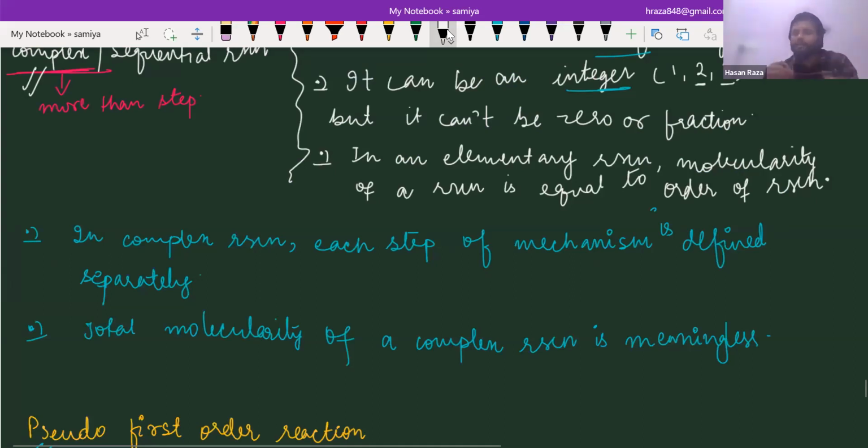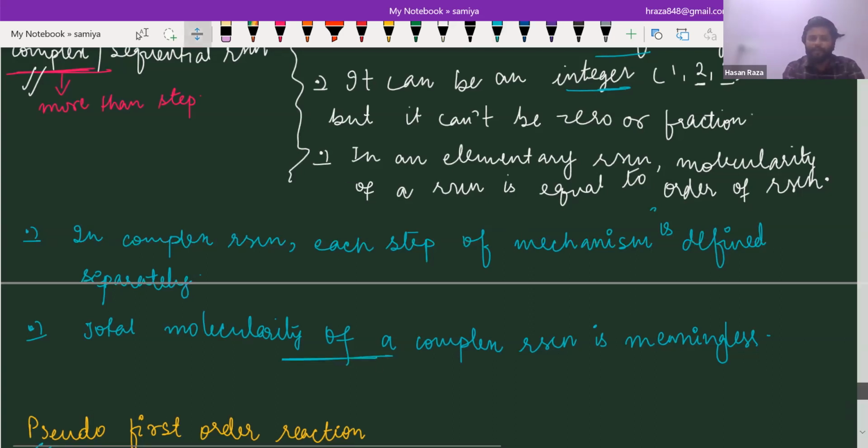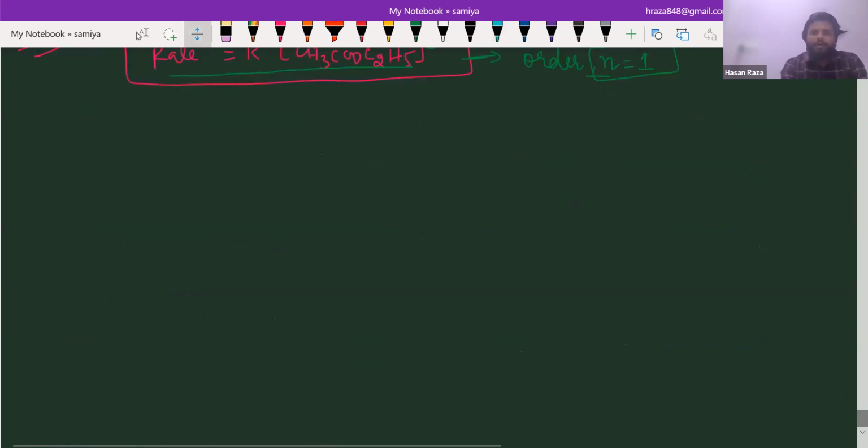Order of reaction can be defined for one step and as an overall order of the reaction. But molecularity cannot be defined; there is no meaning for overall molecularity of a reaction. That is a complex reaction. So this was very basic chemical kinetics.